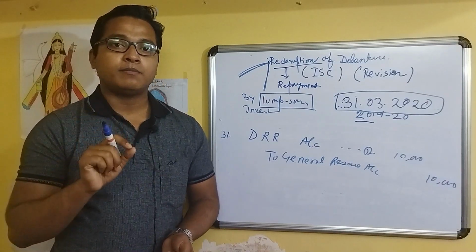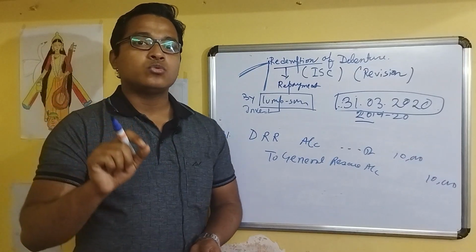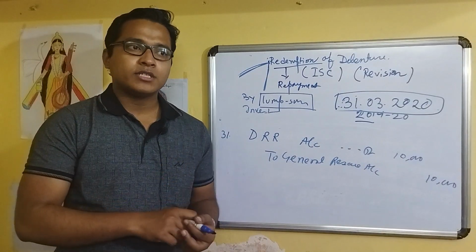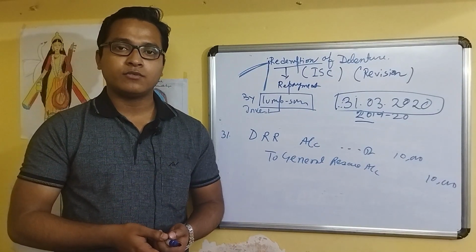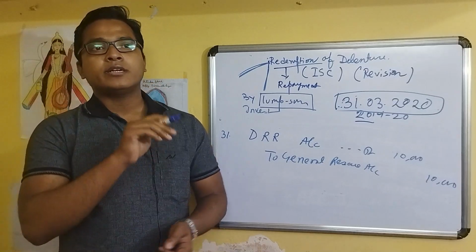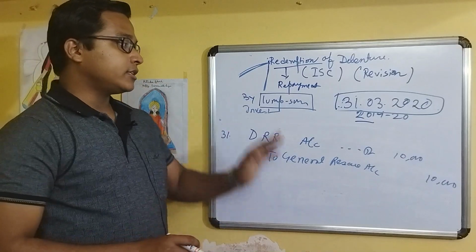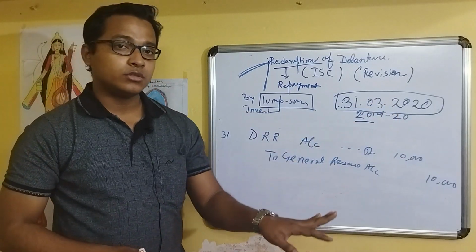The narration being: 10% of the debenture outstanding invested to some investment like fixed deposit, as may be stated in the books, or if not stated, simply 10% of the debenture value invested. Narration close. And the next is on the date of redemption, that is 31st March 2020.